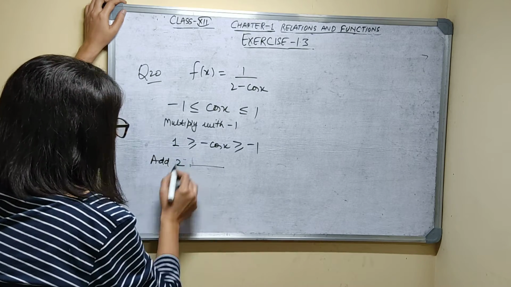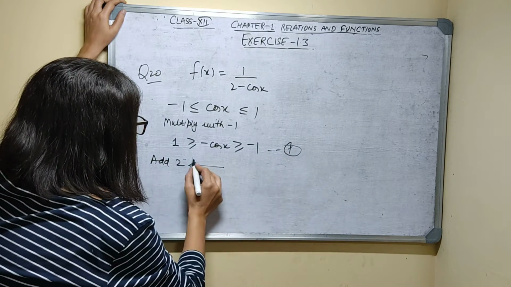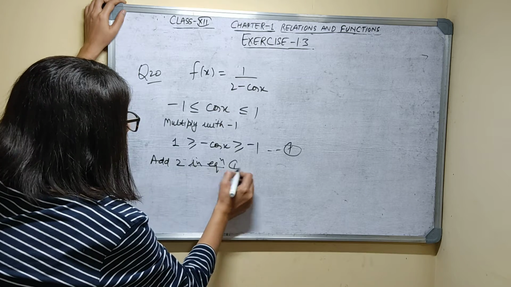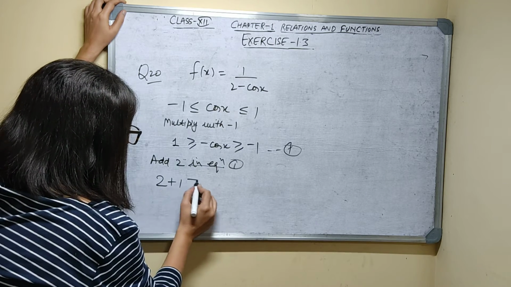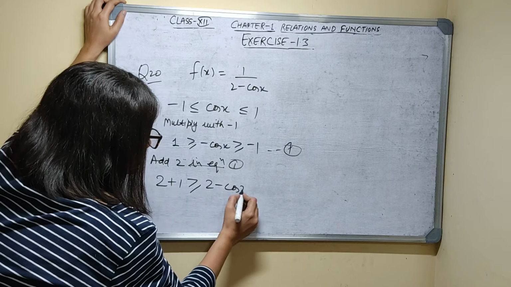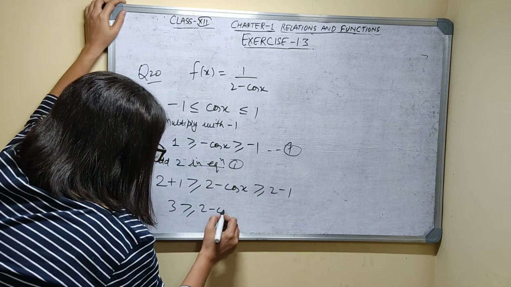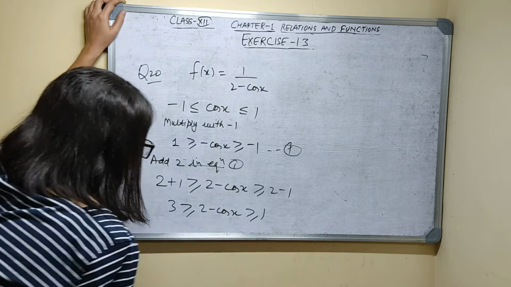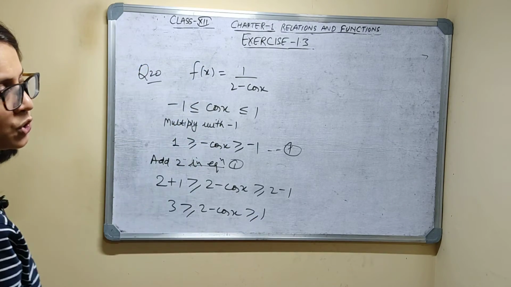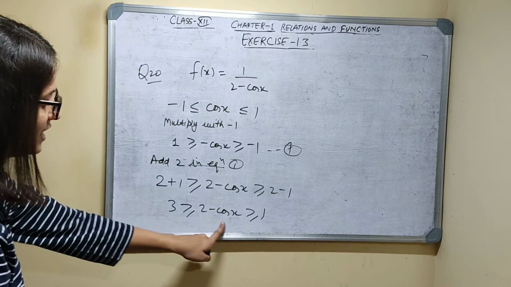Now if you need 2 − cos x, add 2 to the inequality. So 2 + 1 ≥ 2 − cos x ≥ 2 − 1. So 3 ≥ 2 − cos x ≥ 1. But here you need 1 / (2 − cos x), because I have to write f(x) here.